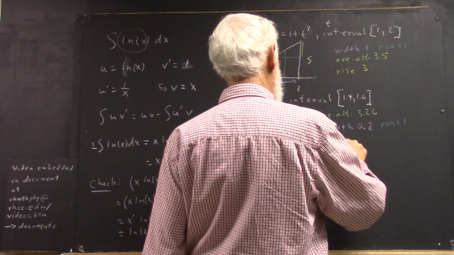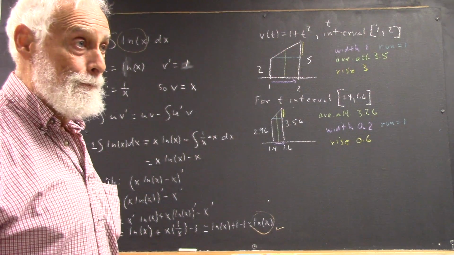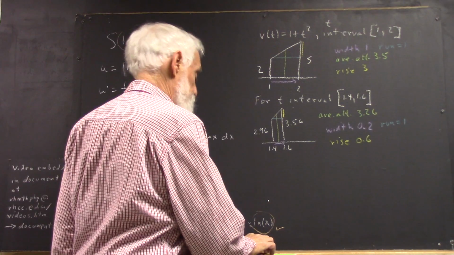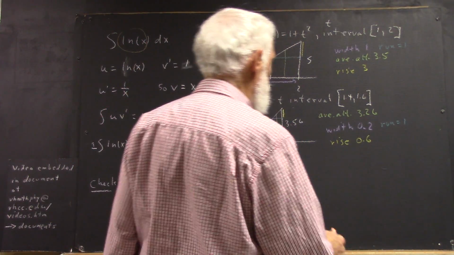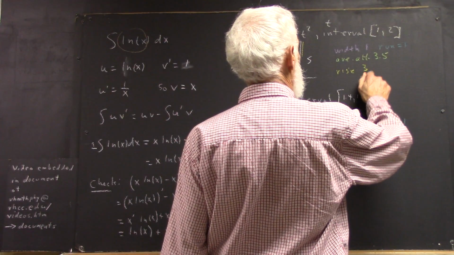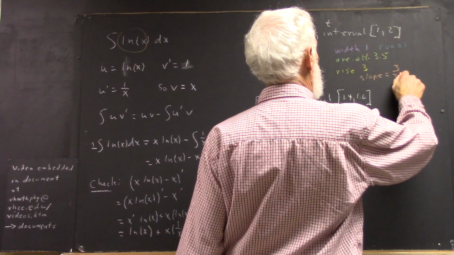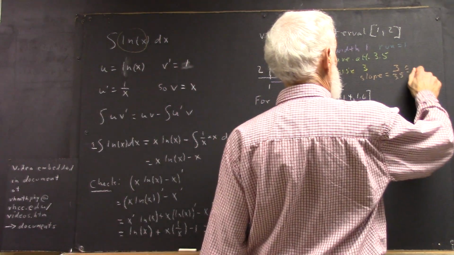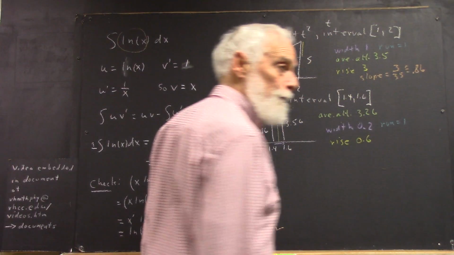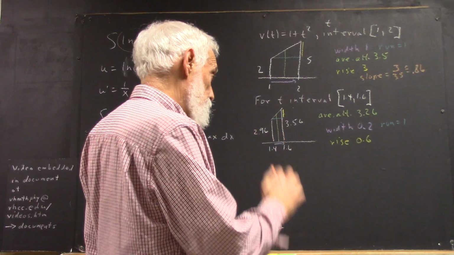Down here, the rise is 0.6. And then the slope is rise over run. And that's 6/7, which is about 0.86. A little less than 0.86, but pretty close.